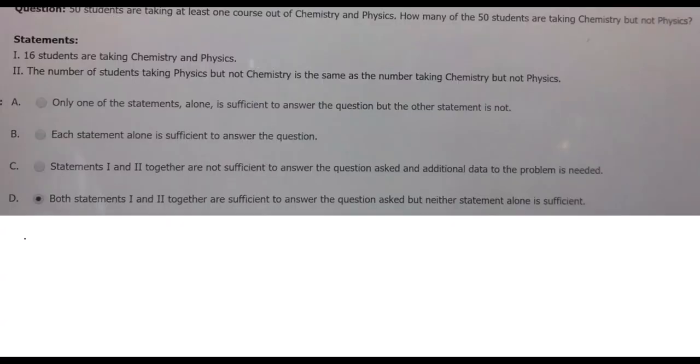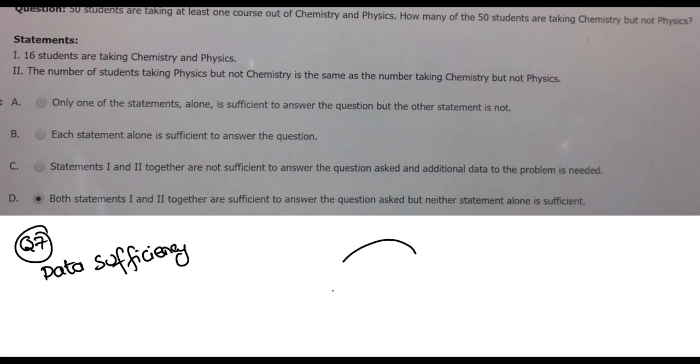Now this is regarding data sufficiency. Question number 7, data sufficiency. 50 students are taking at least one course out of chemistry and physics. How many of the 50 students are taking chemistry but not physics? This is a Venn diagram topic we call data sufficiency.